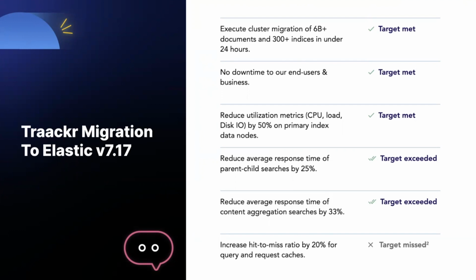And then in the case of average response times of various searches, like the parent-child searches we use in influencer discovery, as well as the content aggregation searches that are used in reporting, we were able to exceed the target reduction.